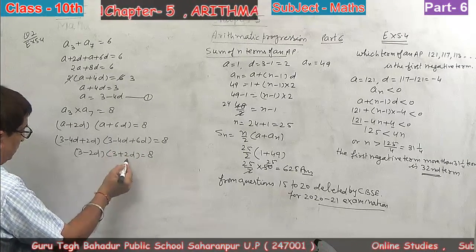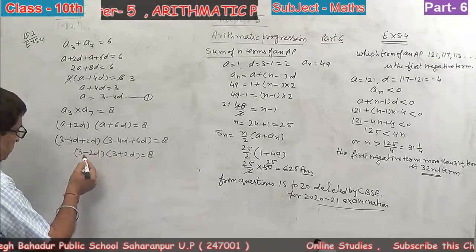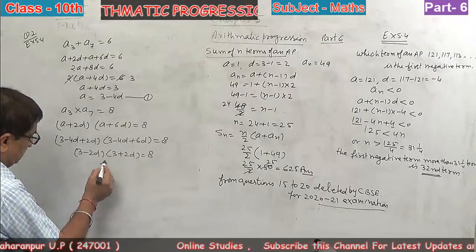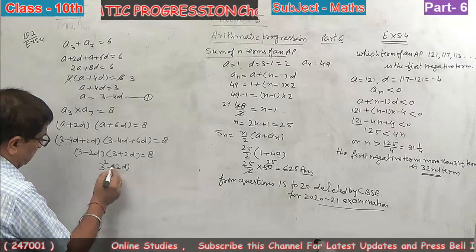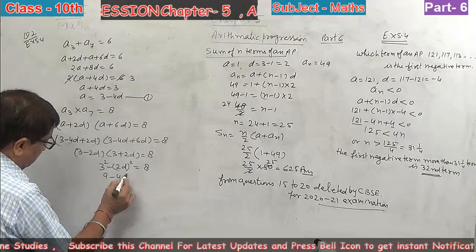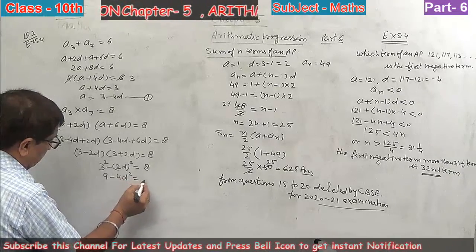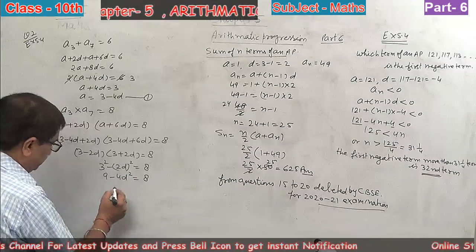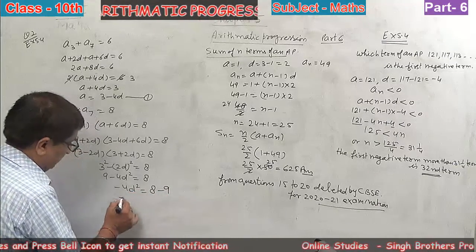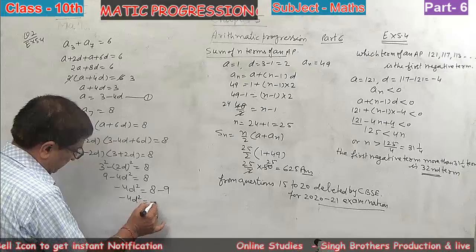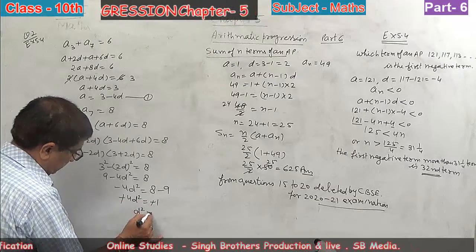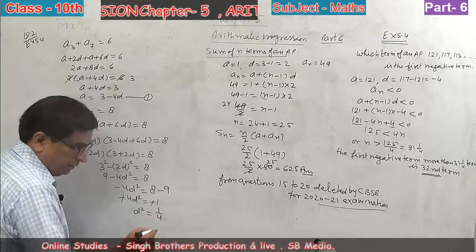This is (A minus B)(A plus B), A square minus B square, that is 8. 9 minus 4D square is equal to 8. Minus 4D square is equal to 8 minus 9, minus 4D square is equal to minus 1. Minus minus cancel, D square is equal to 1 upon 4.